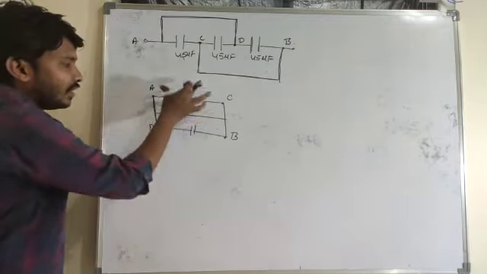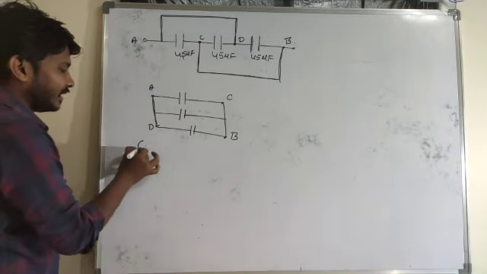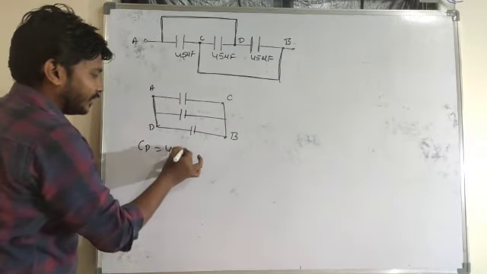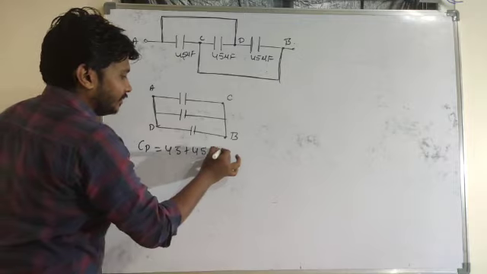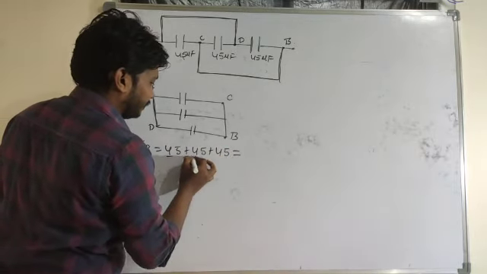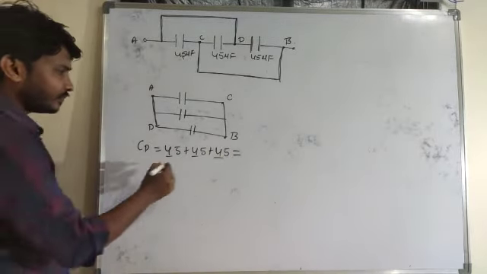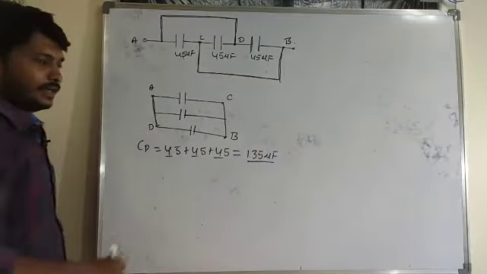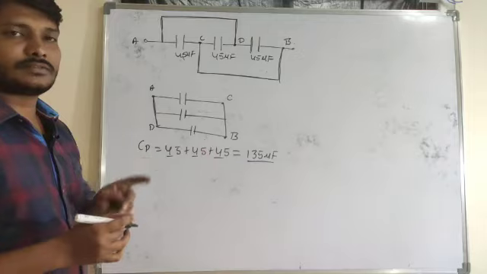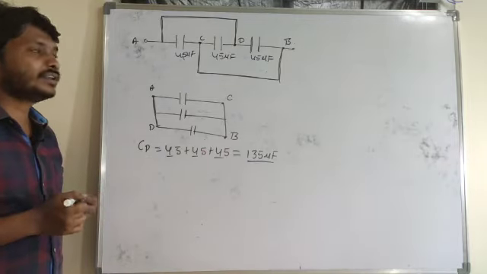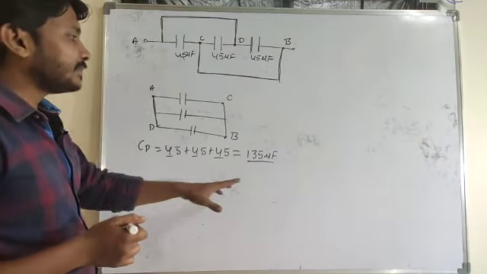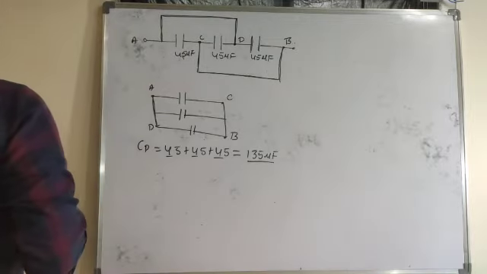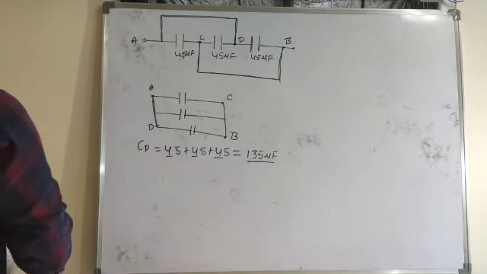If you redraw, I get all the capacitors in parallel combination. So 45 plus 45 plus 45 is 135 microfarad. So the effective capacitance is 135 microfarad here.